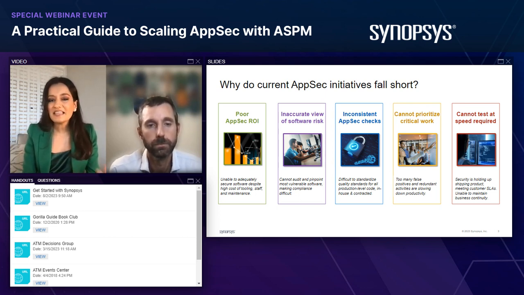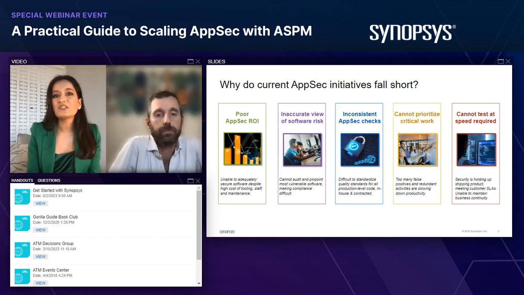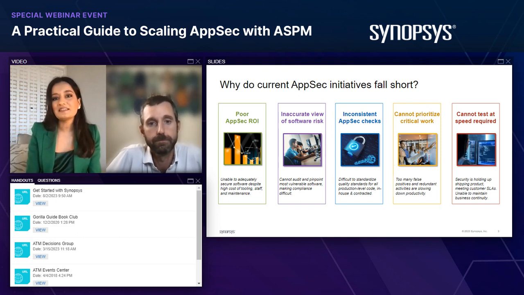And at the same time, when you have everything so spread out and perhaps used differently by different members of your team, you don't have a unified view of what that common risk taxonomy looks like across your organization. So there's inconsistency in application security checks. With that inconsistency, there is also an inability to prioritize meaningful security work.